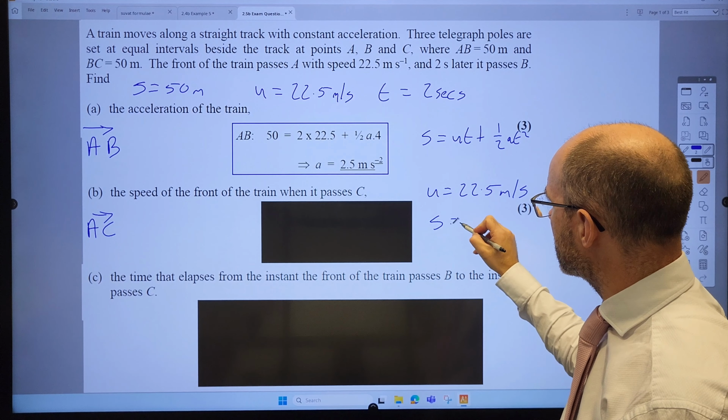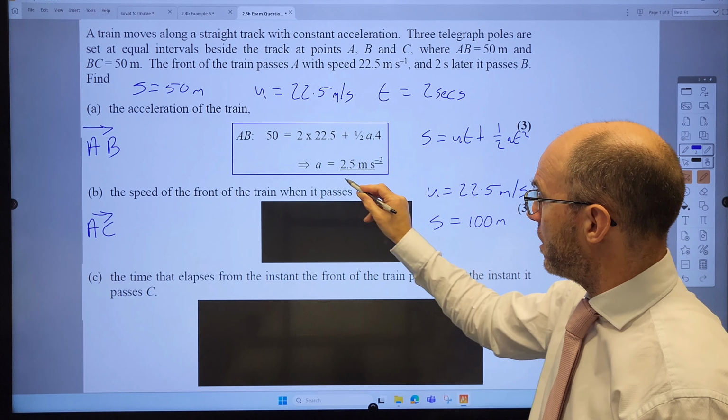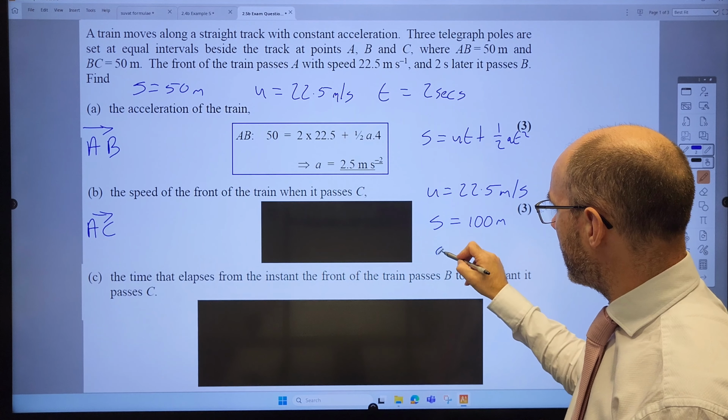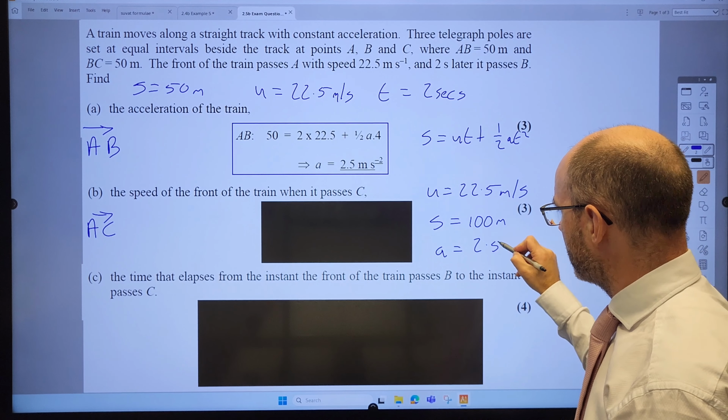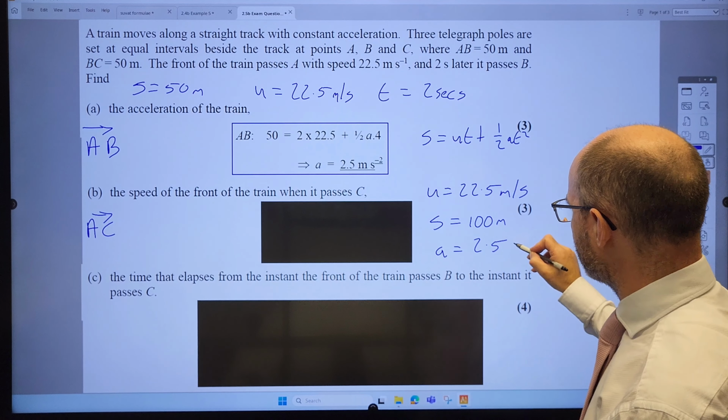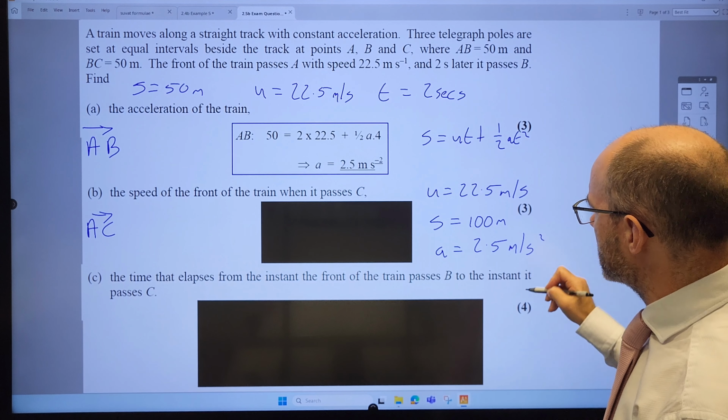So s is equal to 100 metres. I've worked out the acceleration, and assuming my answer is correct, which it is, I'm going to use that again. a equals 2.5 metres per second squared.